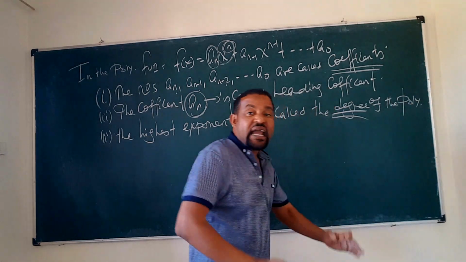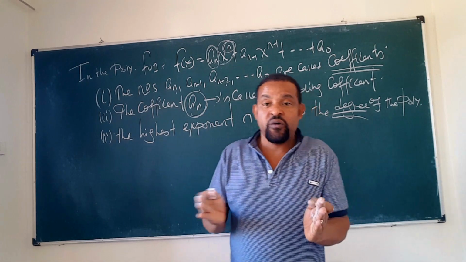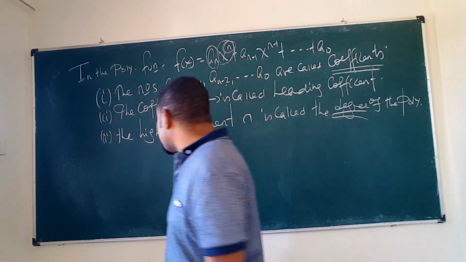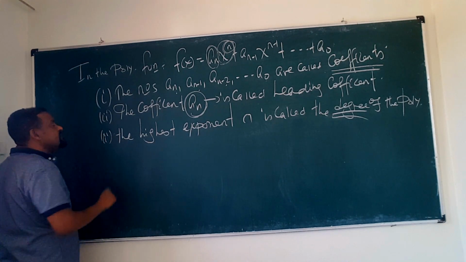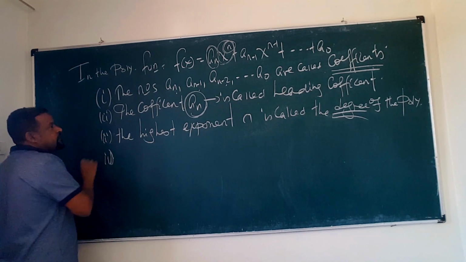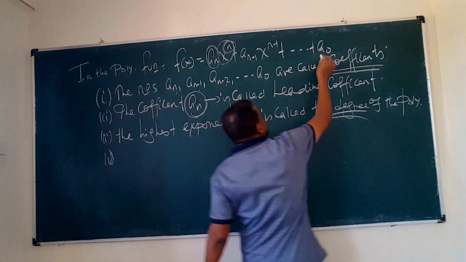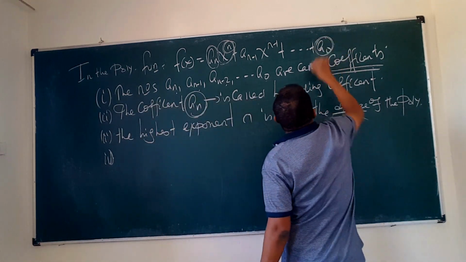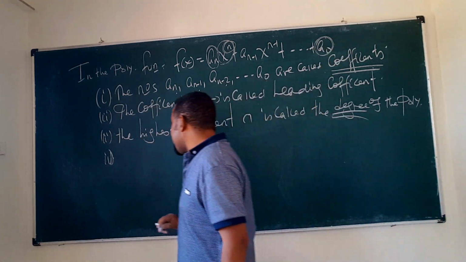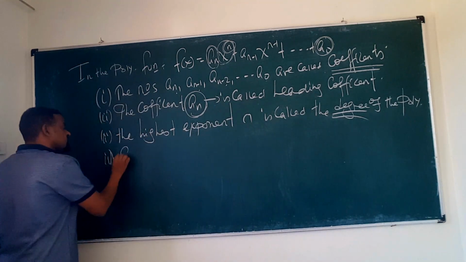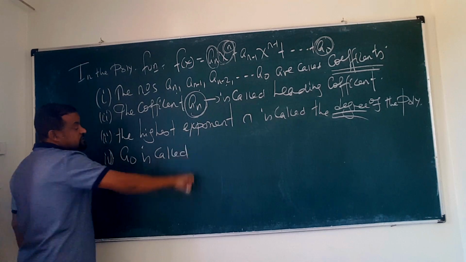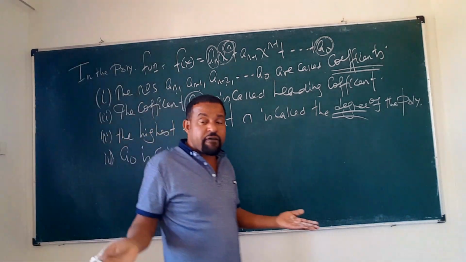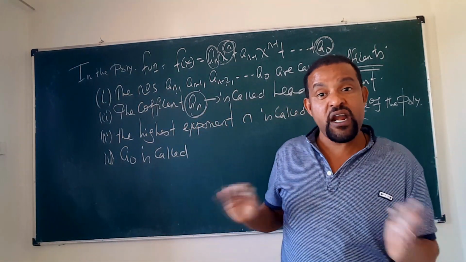the degree of the highest exponent n which is of course appearing with the leading term, the leading coefficient, is called the degree of the polynomial ብለን እንጠራዋለን። the fourth one, this one right, this constant which is free from any variable ማለት a naught is called what? that means it's a constant free from any variable ማለት a constant which is free from any variable.